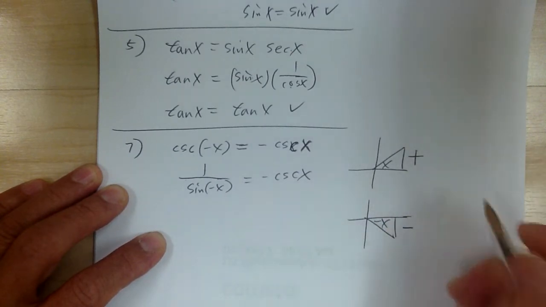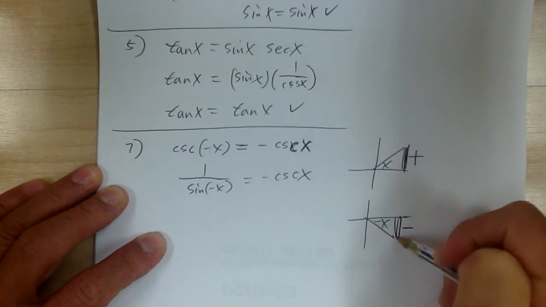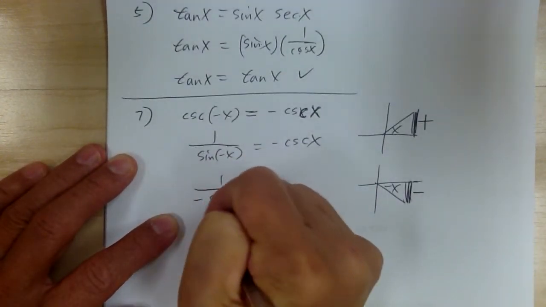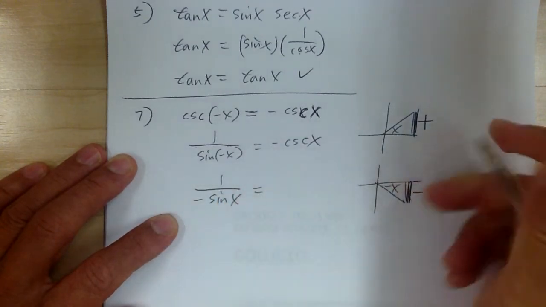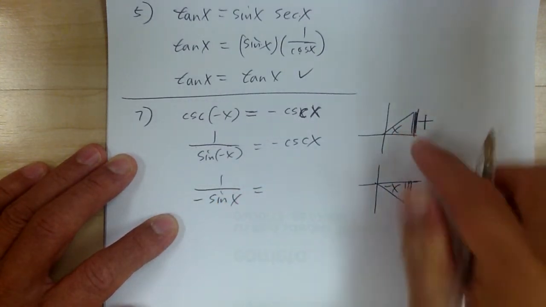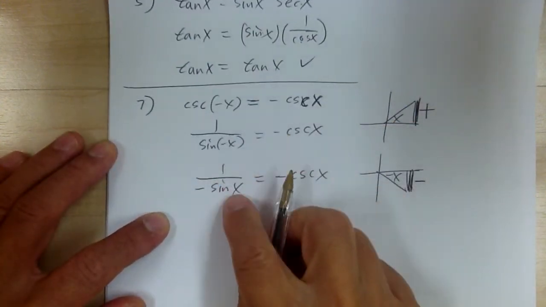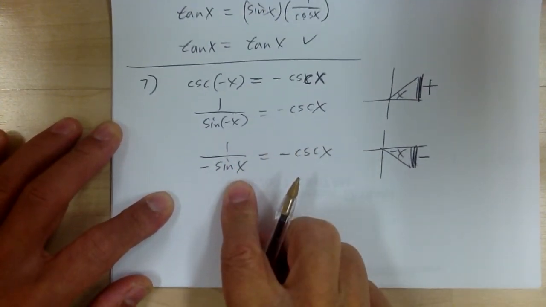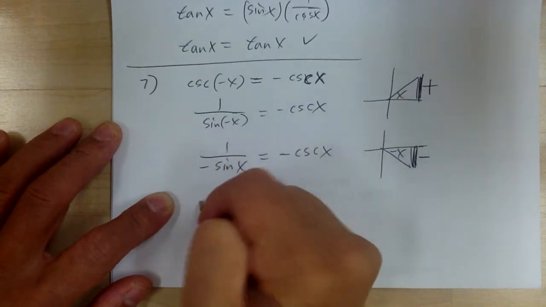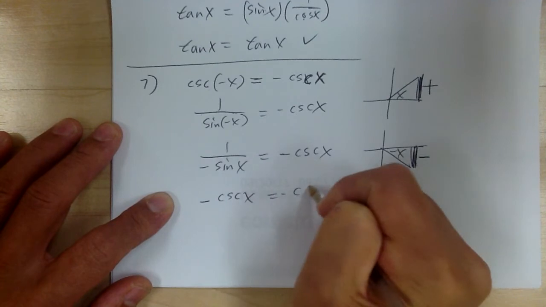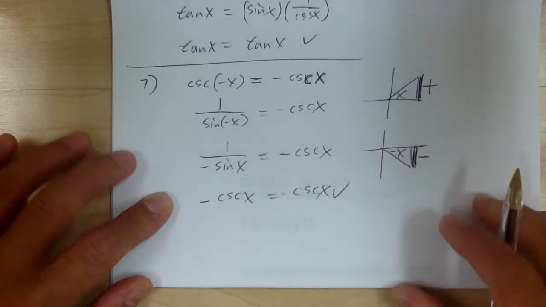So they're opposite, and they will have opposite sign. So this becomes 1 over negative sine of x. And 1 over sine is cosecant, and you have negative. That's how you end up with negative cosecant of x. And so check mark.